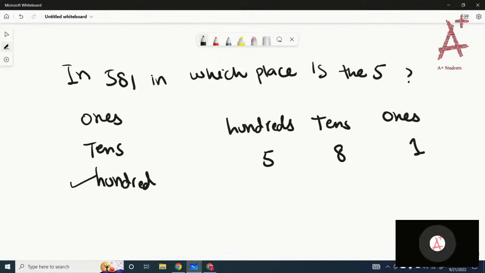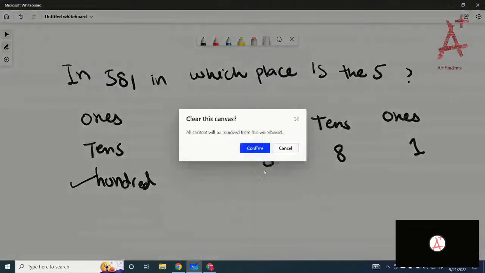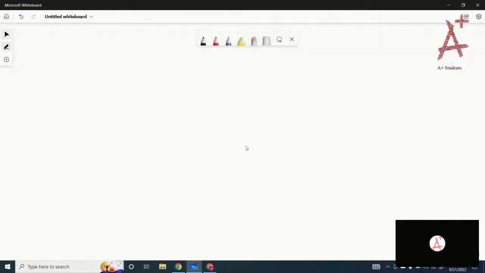The next lesson is word names for numbers. Click on the continue button.